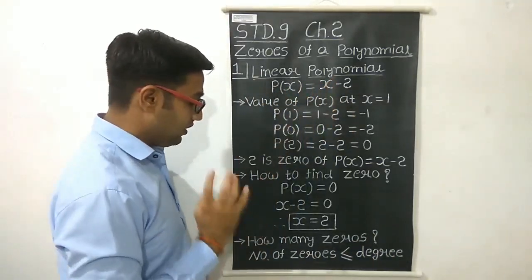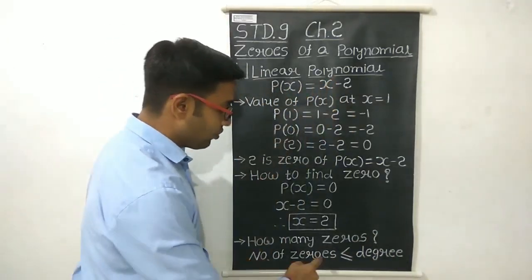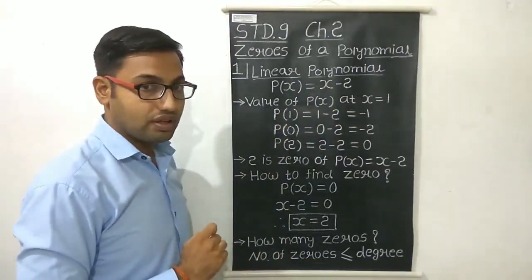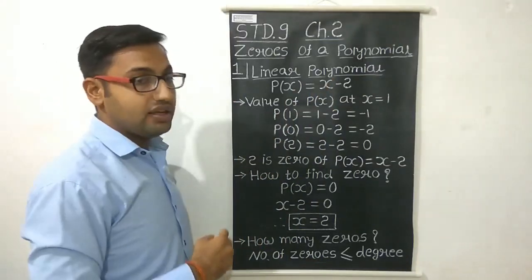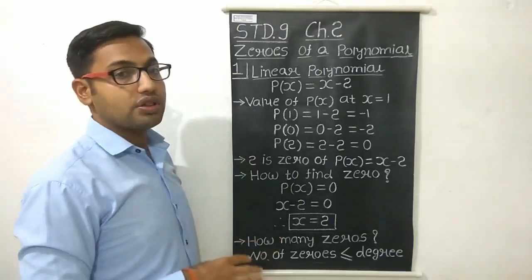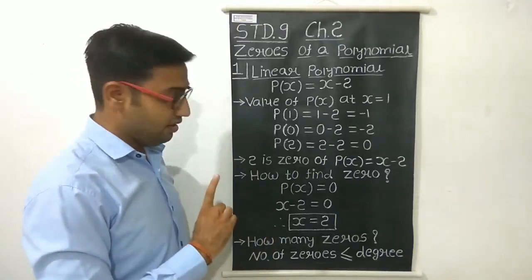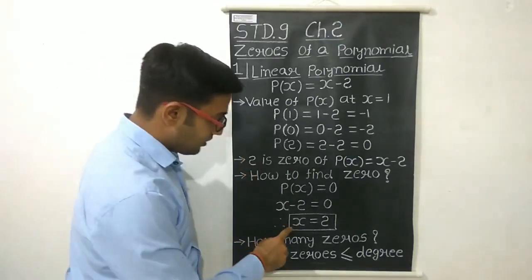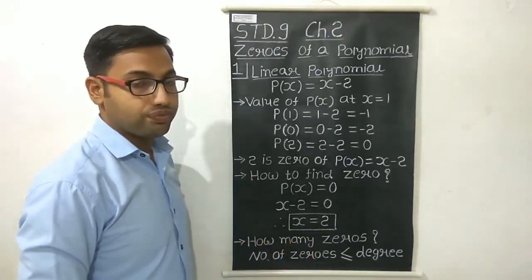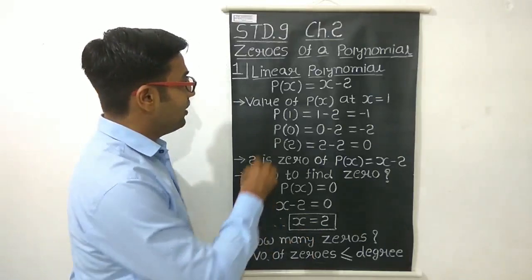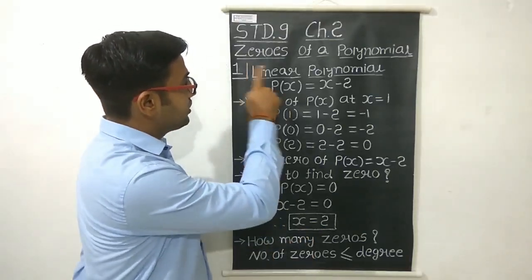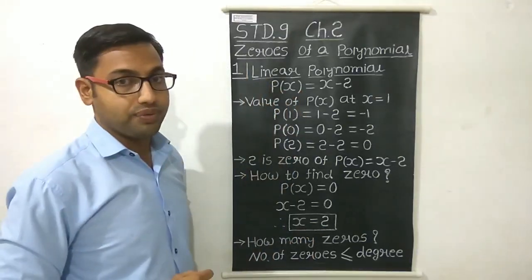That is why the maximum number of zeros is equal to 1. We cannot get more than 1 zero. For this case, that 0 is 2. So in this way, we can find out the 0 of the linear polynomial.